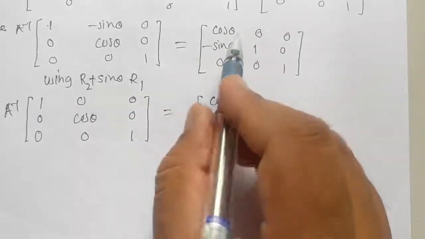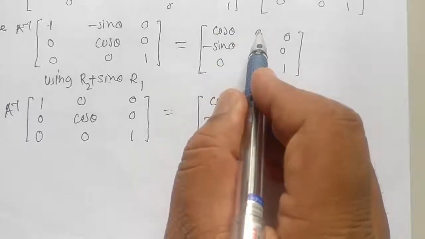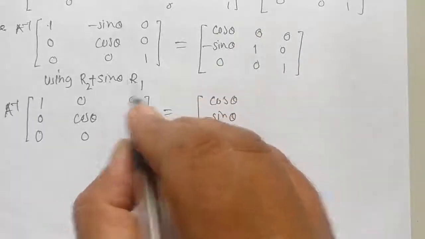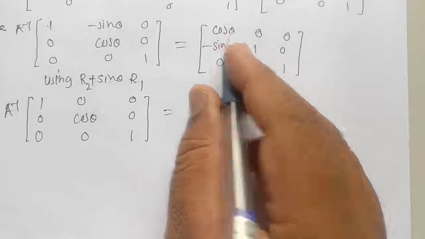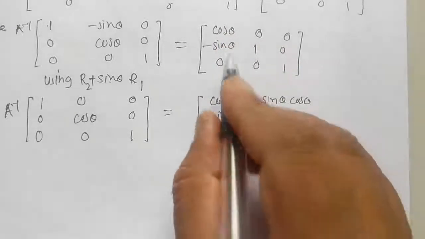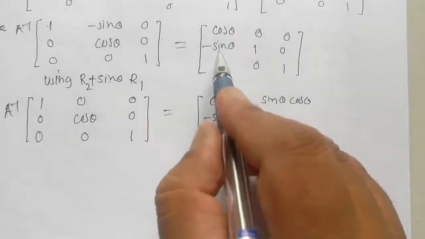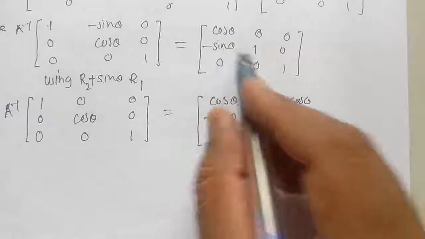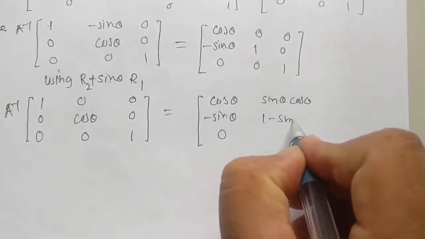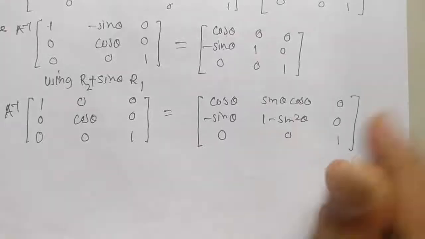In the second column we multiply by sin theta into R1 and add to the column number 2. So sin theta into cos theta, sin theta into cos theta. Then we multiply by sin theta to the column number 1. So 1 minus sin square theta, 0 0 0 1.